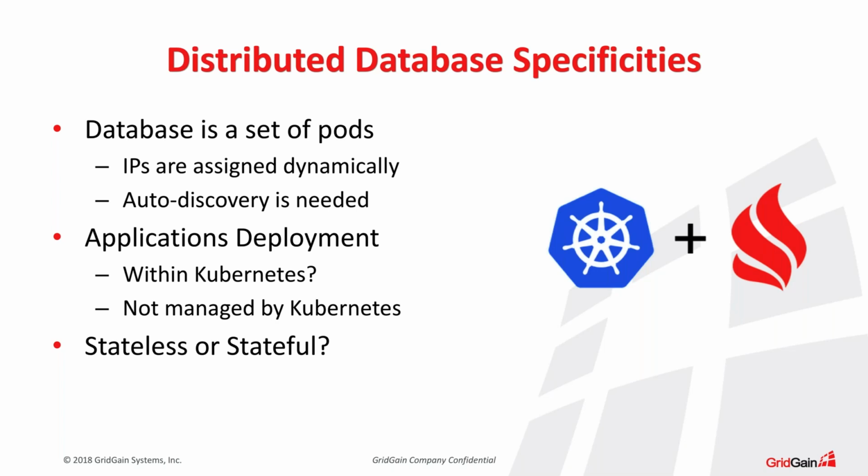Again, we can use Kubernetes services in the load balancer mode, and we are going to see how to do that with Ignite deployments. Or you can expose the IP addresses of a specific pod that is part of your distributed database cluster, and you can use other protocols such as the REST protocol or protocols for SQL connectivity, etc. And the final thing is to decide whether you're going to deploy a stateless or stateful database.